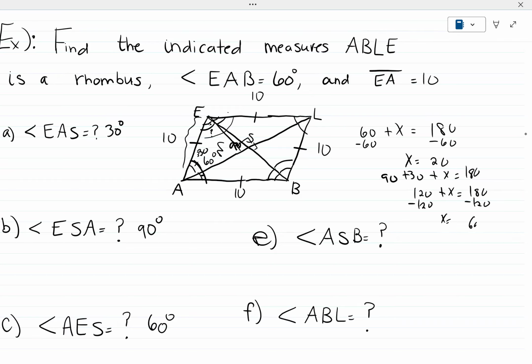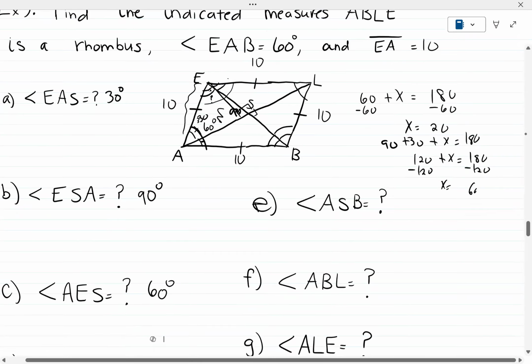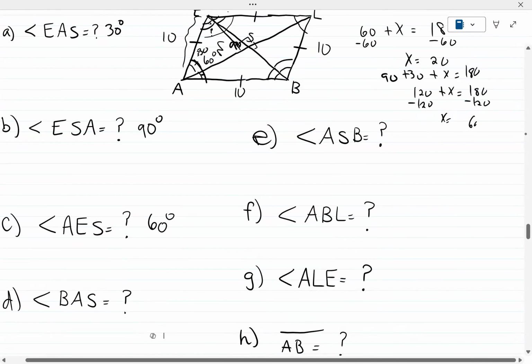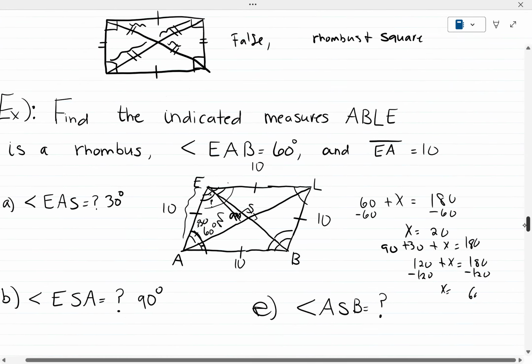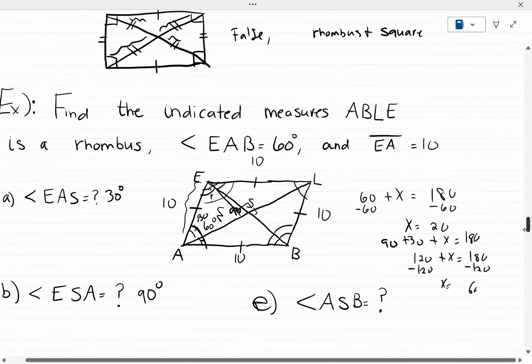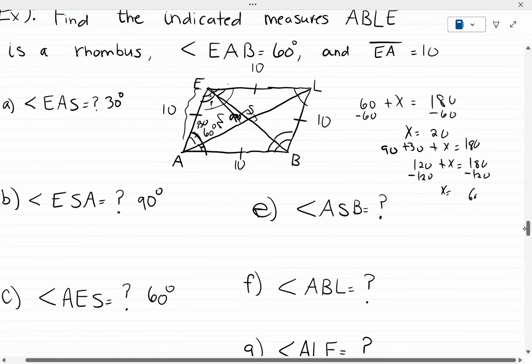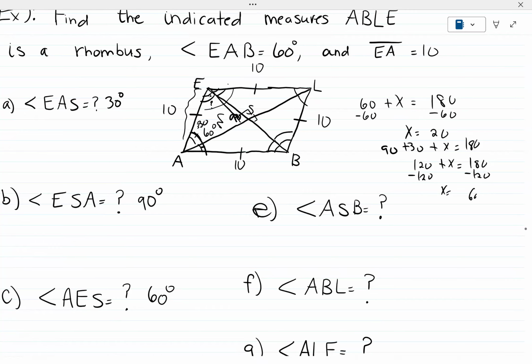Okay. What about D? Angle BAS. I think that's going to be 30, right? Because this entire angle is 60, and we know that this angle is congruent with this one, so this has to be 30.